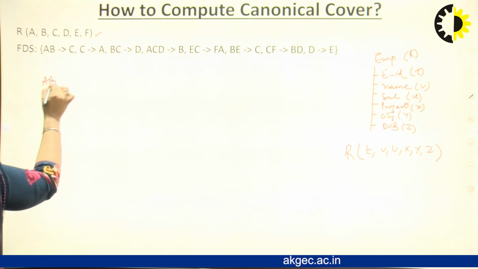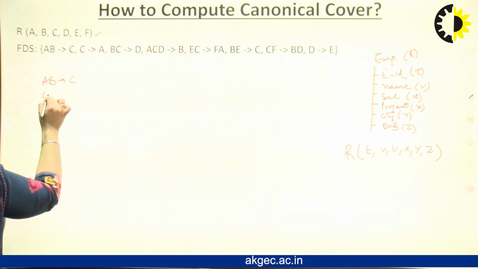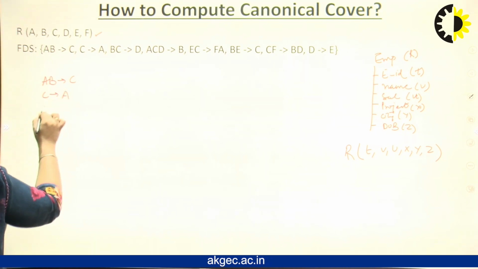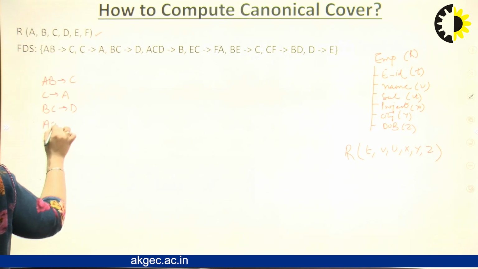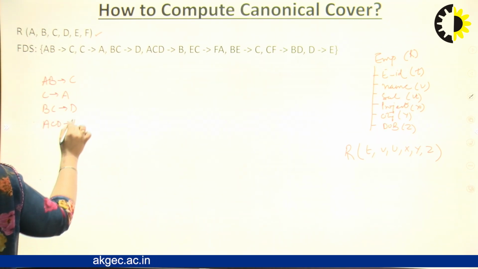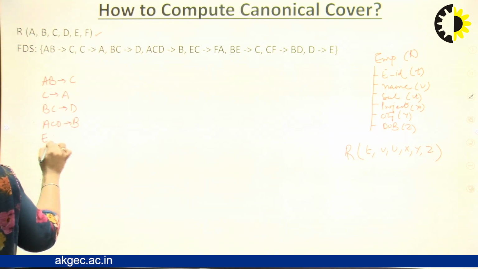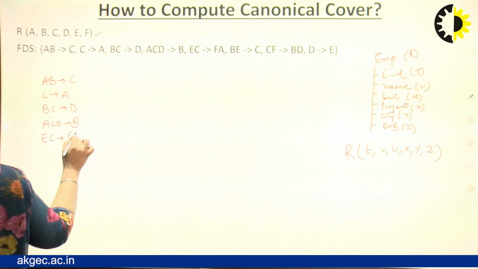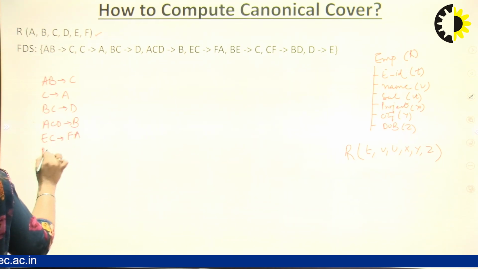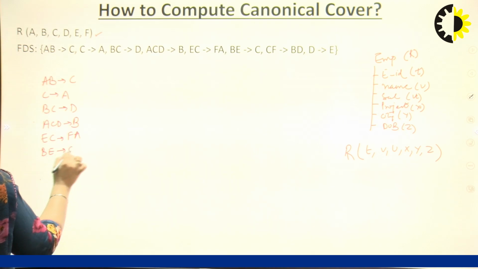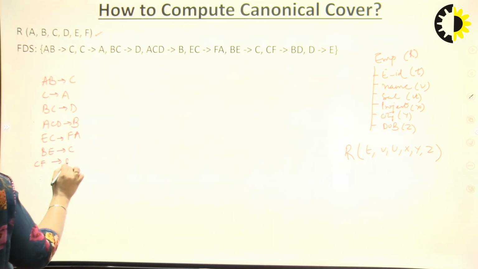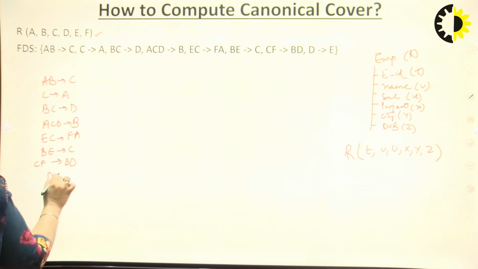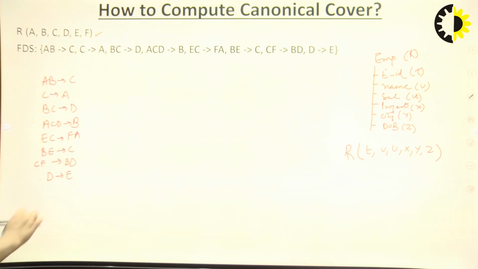Here AB determines C, C determines A, BC determines D, ACD determines B, EC determines FA, BE determines C, CF determines BD, and D determines E. So, these are the functional dependencies given in the question.